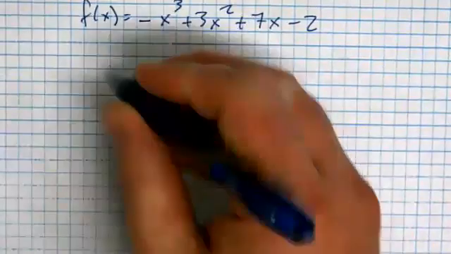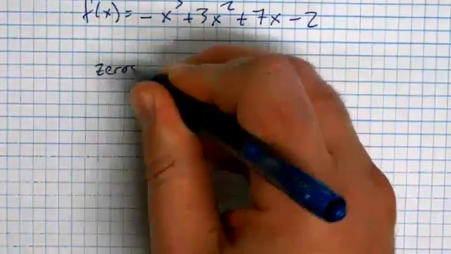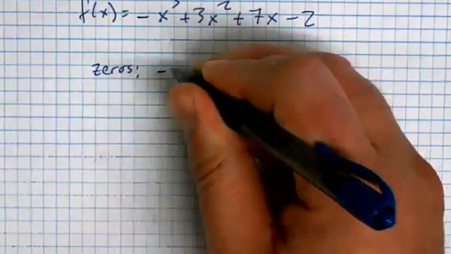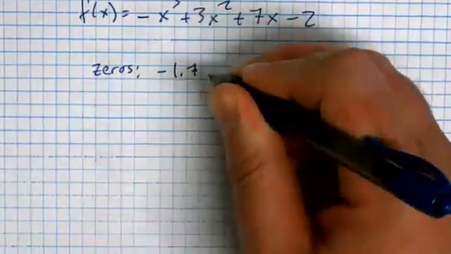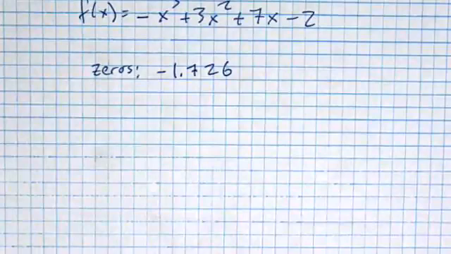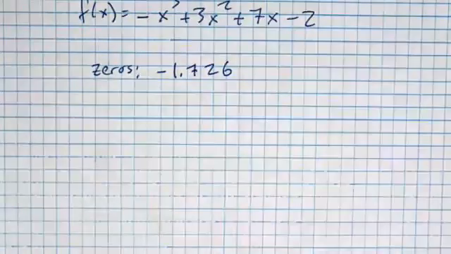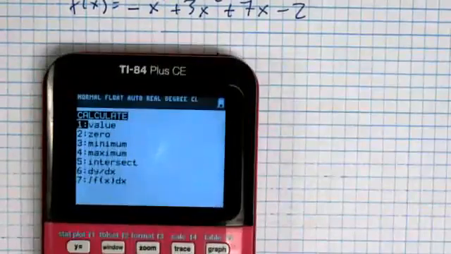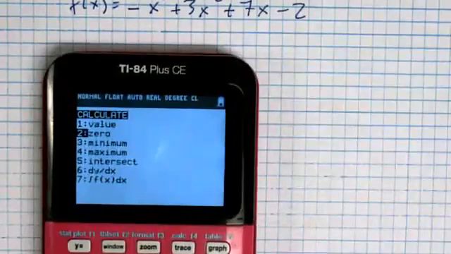And let's write it down. So our zeros. I'm going to go 3 decimal places on this. Negative 1.726. Are you able to get negative 1.726 on your calculator? Please let me know if you're not getting that same number. All right, see if you can find the other two for me. Same method. Second calc, zero.